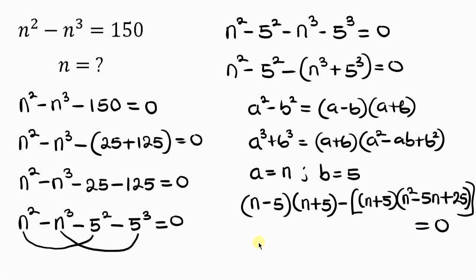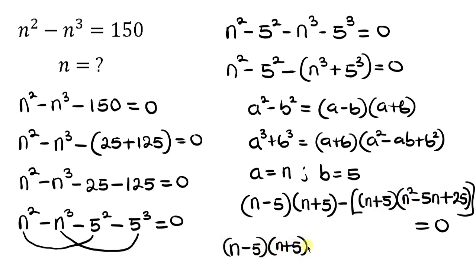Very good. Now our next step will be for us to open up this bracket using the negative outside. So we have n minus 5 times n plus 5.